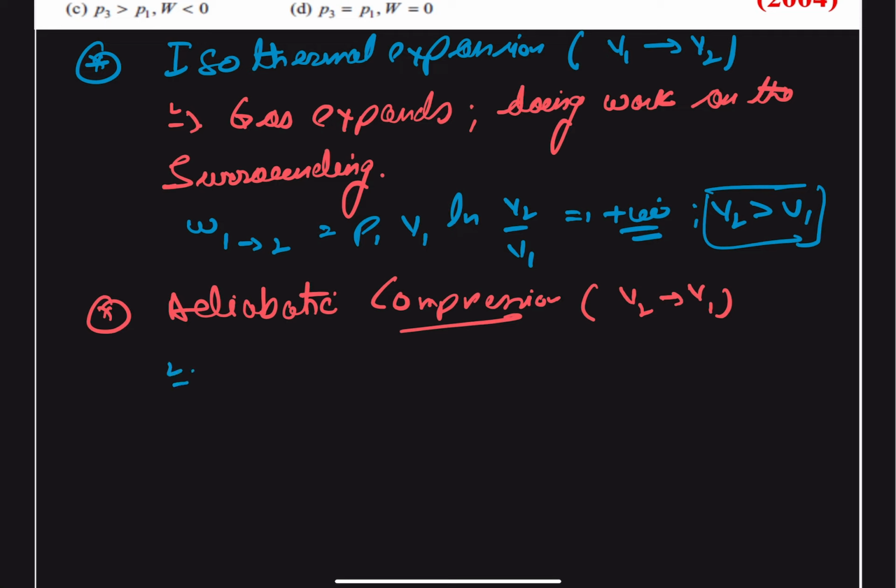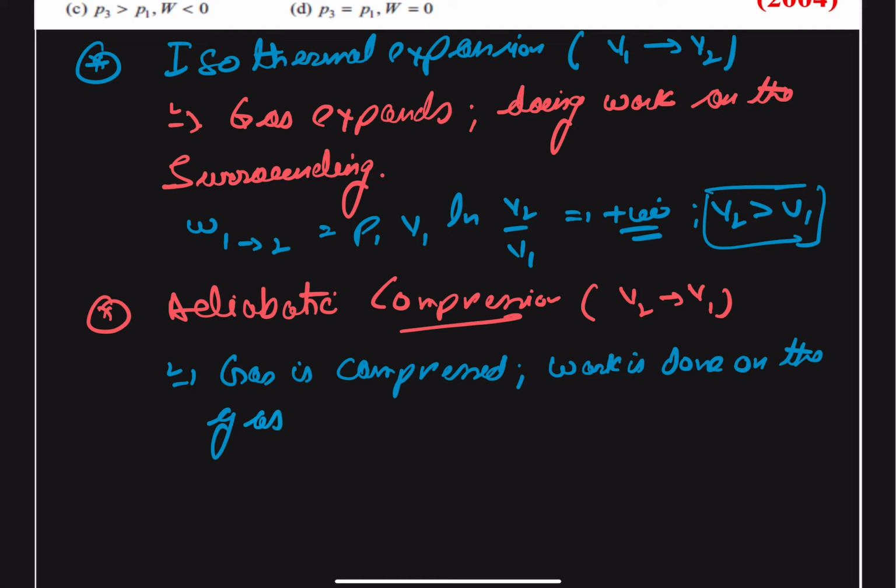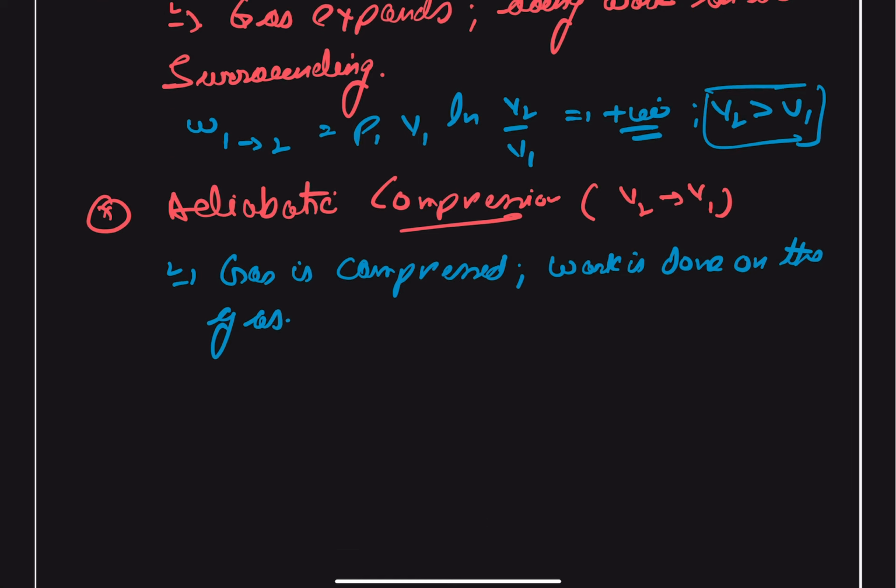Therefore, the work done from 2 to 3 will be negative, since compression reduces the gas volume.